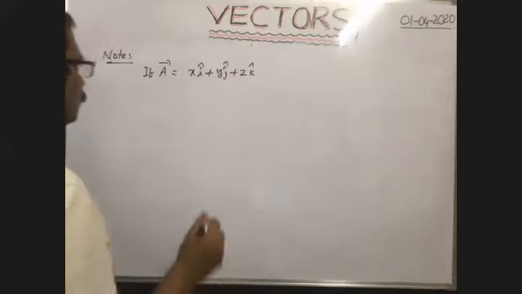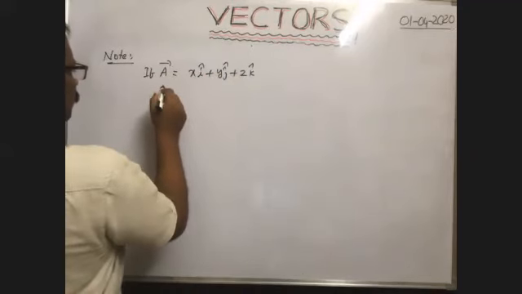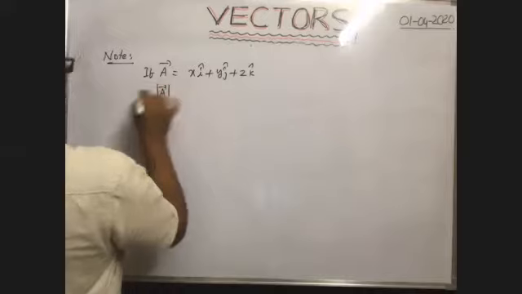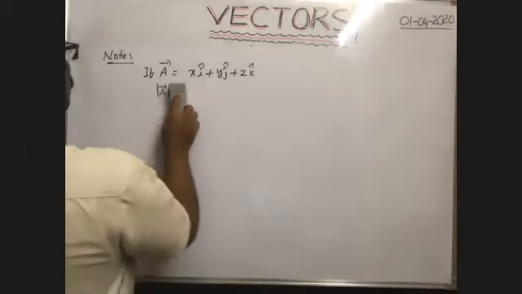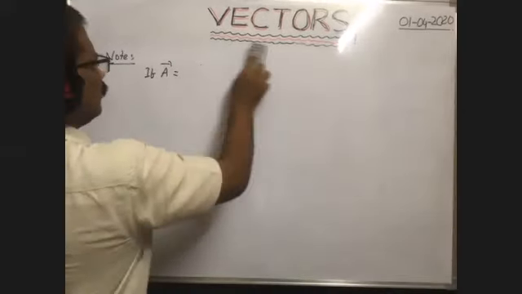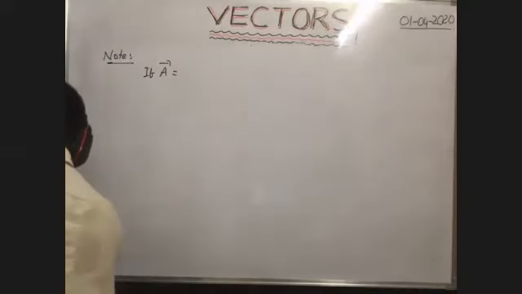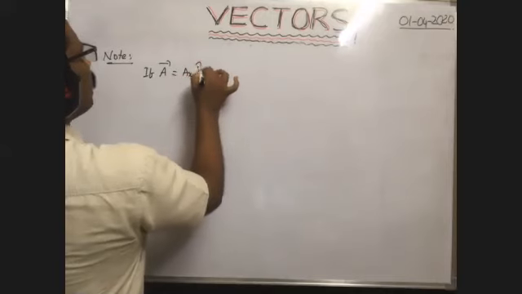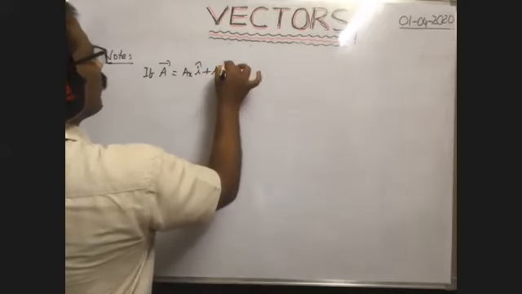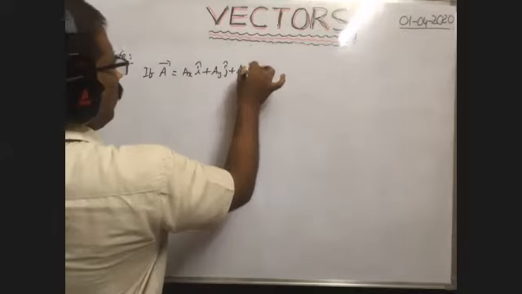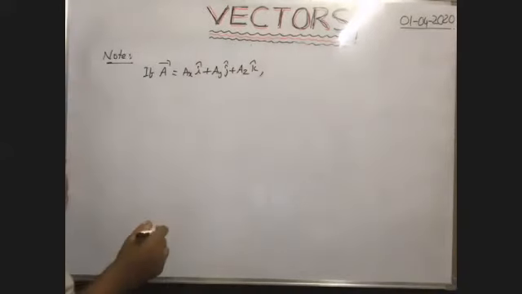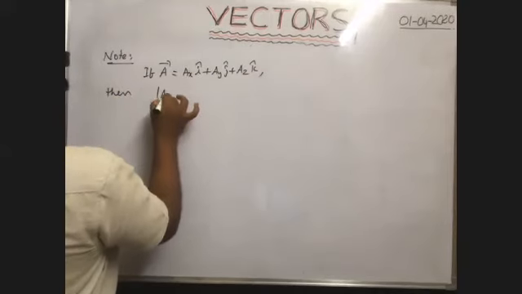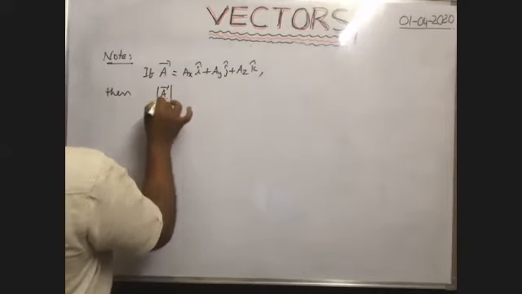Okay. Now, what is the magnitude of this vector? Magnitude of that vector means modulus of a bar. In different forms also we have to write. If a bar is equal to ax i cap plus ay j cap plus az k cap, one vector is given, then what is the magnitude of a bar? Magnitude of a bar is represented with modulus of a bar.